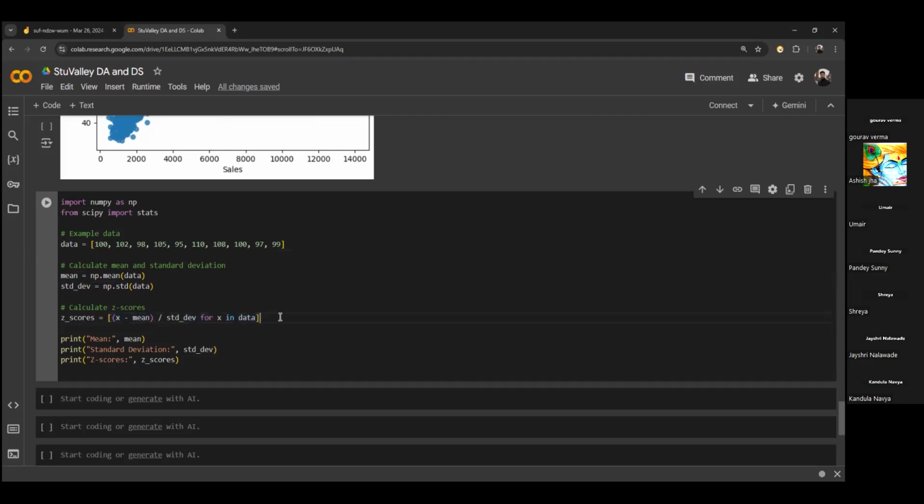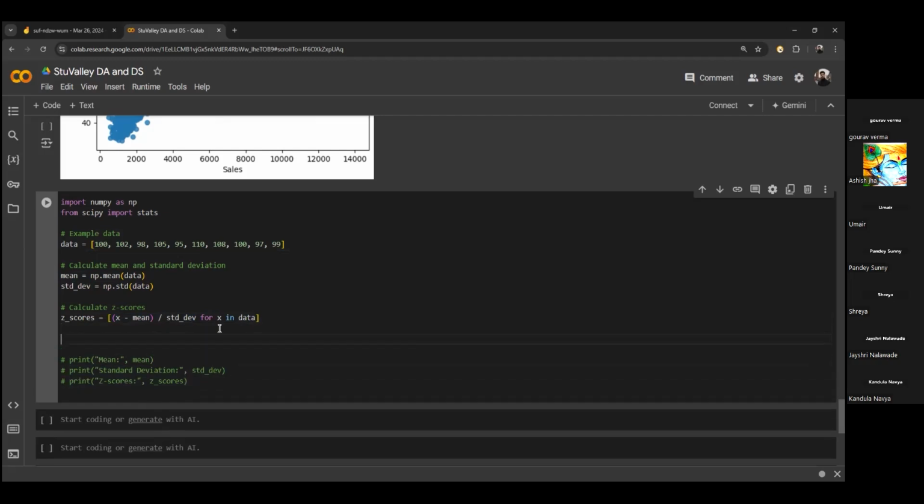We are making a list. The formula is x minus mean and divided by the standard deviation. फॉर्मूला था उसमें, राइट. और यहाँ पे फॉर लूप चला रहे हैं हम. तो just 1 minute, before printing all this, let us print z score.